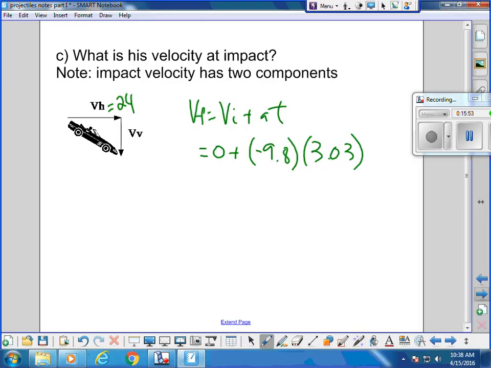Which gives us a vertical component of... I do not like this calculator. Oh my God. 29.7?